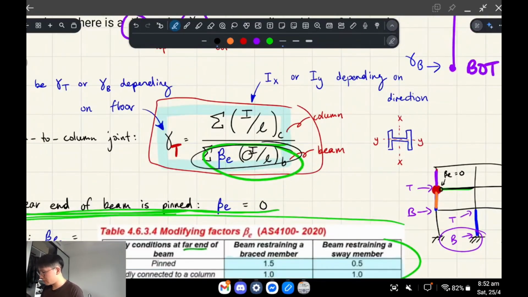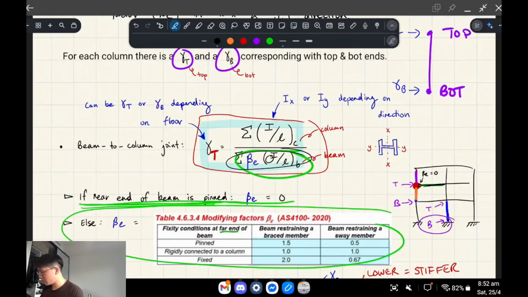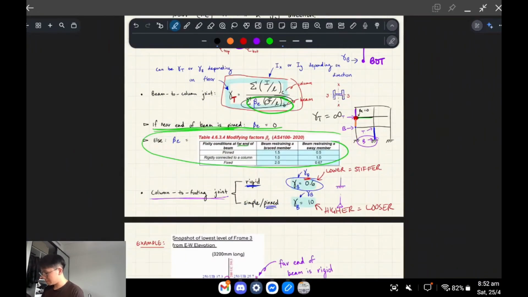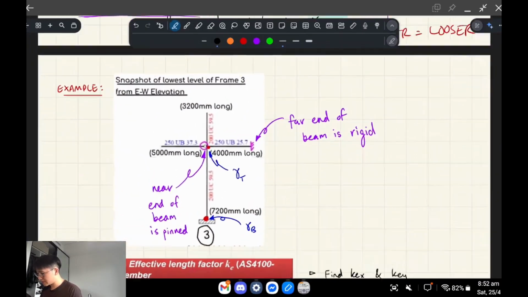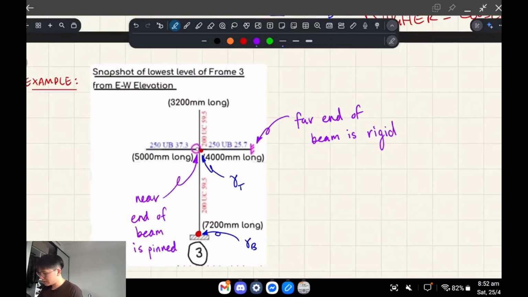So if this is 0 at the bottom of the fraction, for example, and it's only touching one beam, gamma T ends up being infinity, because when you divide by 0, you go to infinity. Anyway, so you find those values. Here's an example, say we're looking at this node here.